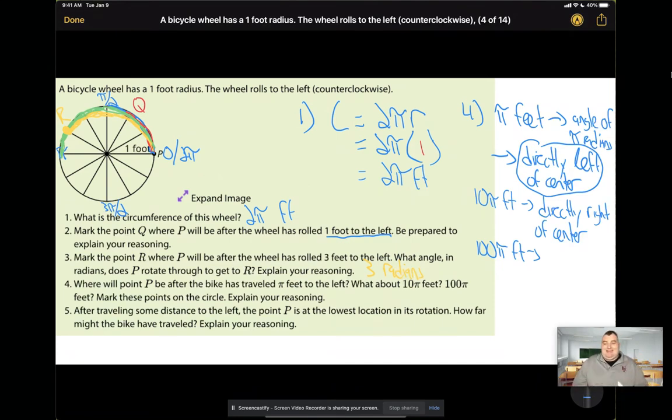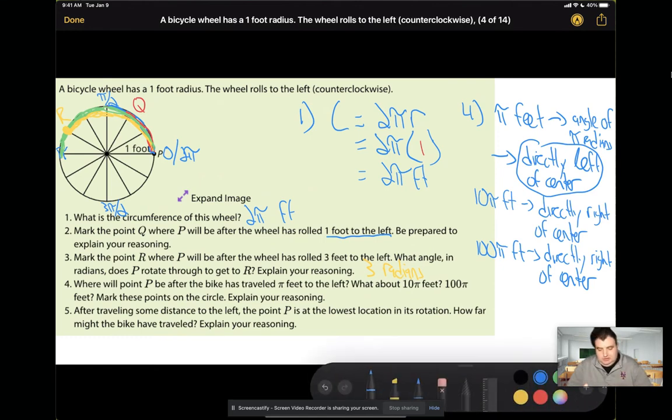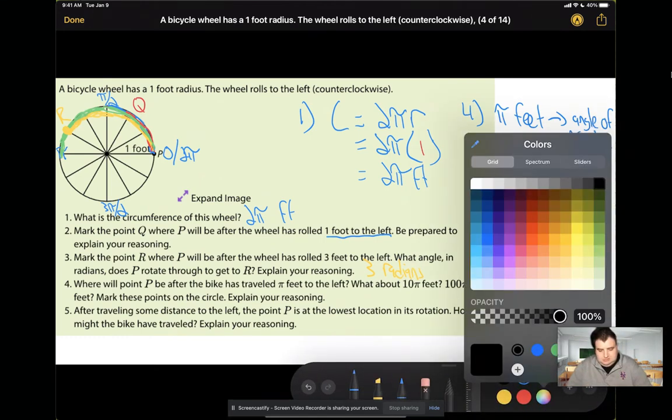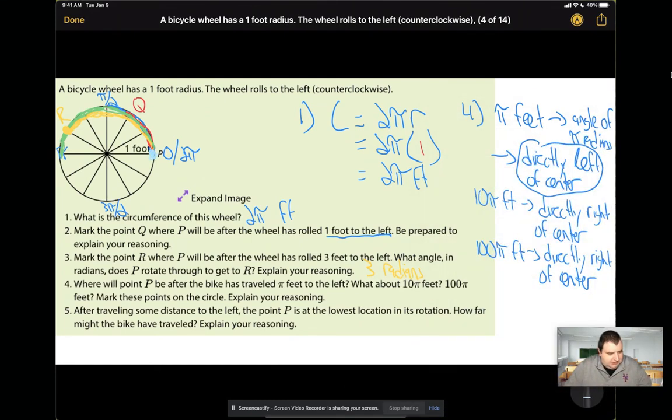So the point, again, would be right back where it started, directly right of center. It said to mark them on the circle, so I'll use a different color. The points would be right here where we started.